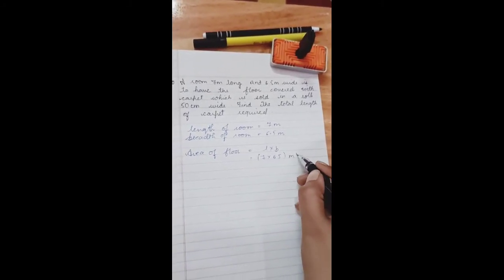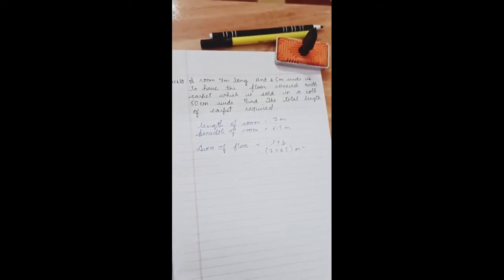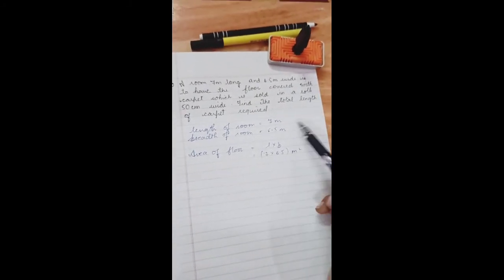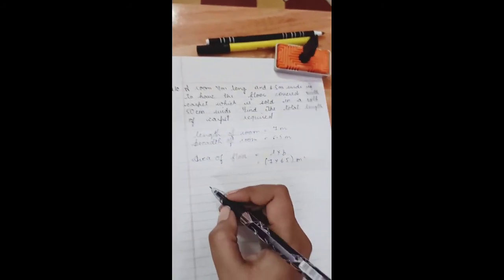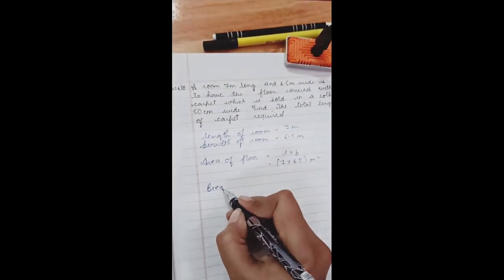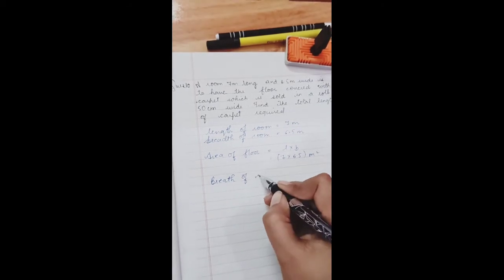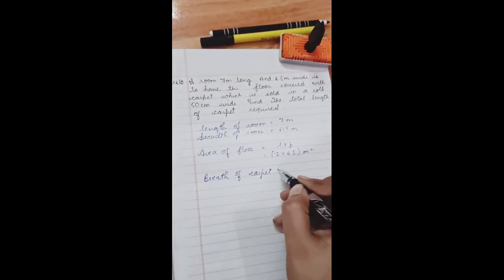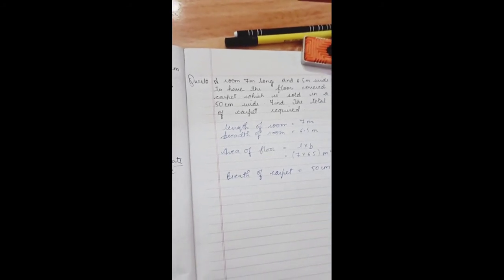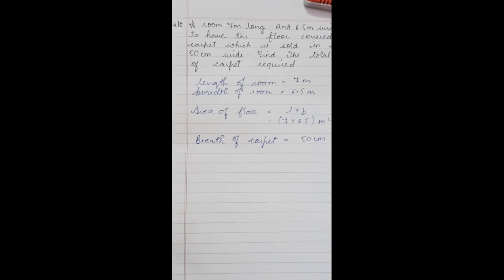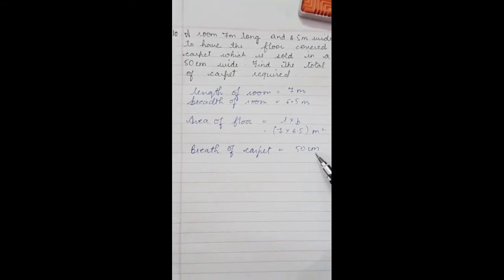Okay, now what is given? Breadth of a carpet is given, right? So breadth of carpet is 50 centimeters. So what we do here, breadth of a carpet is given in centimeters.